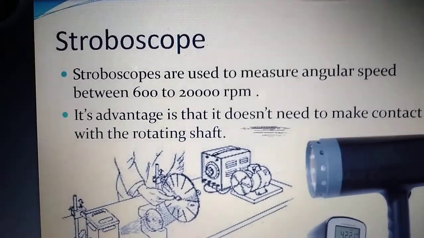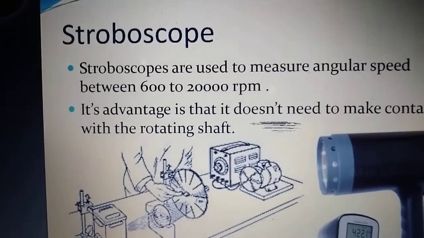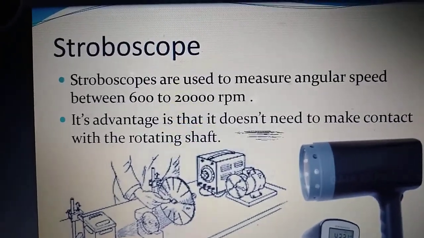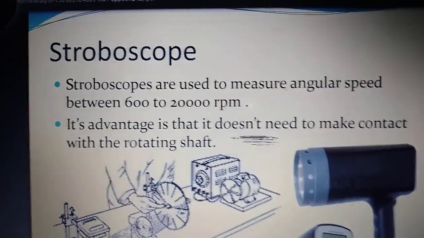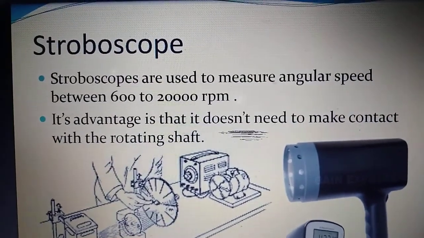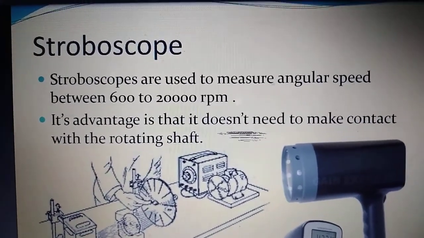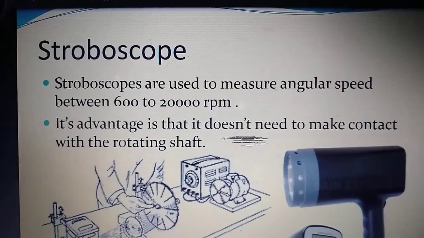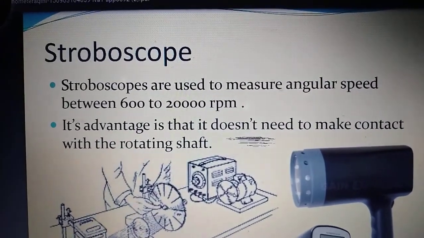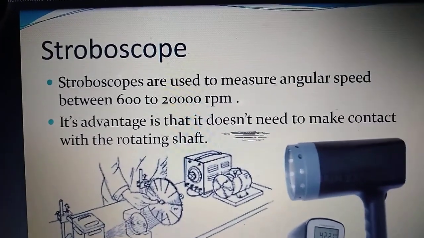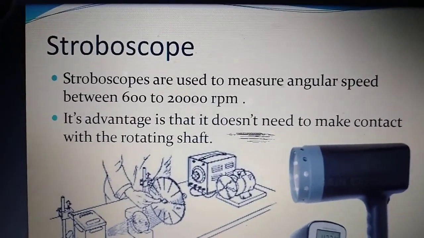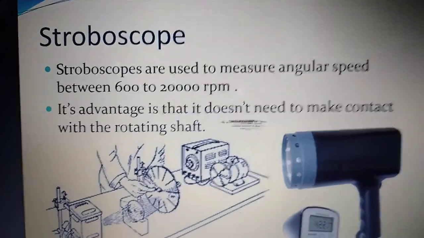High-speed vehicles are moving forward, but we observe the wheel moving in the anti-clockwise, opposite direction. Because our eye frequency is not matched with the vehicle frequency, that effect we call the stroboscopic effect.